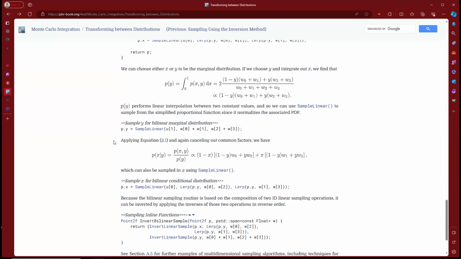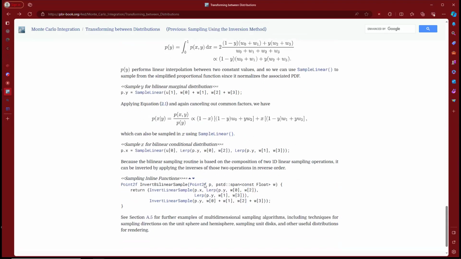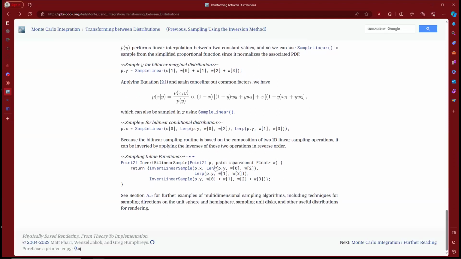Applying 2.1 again, canceling out the common factors, we get this. So we can also sample x using the same function there. Because the bilinear sampling routine is based on the composition of two 1D linear sampling operations, it can be inverted by applying the inverses of those two operations in reverse order. Okay, so I guess that's a way to do the inverse transform.